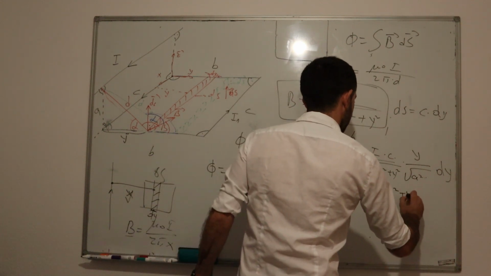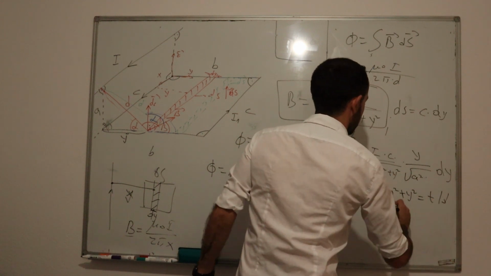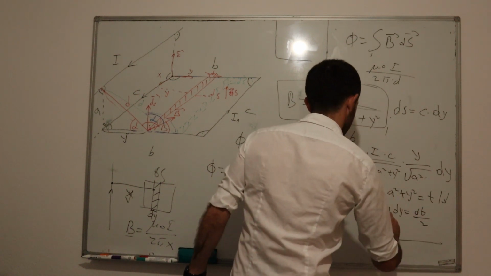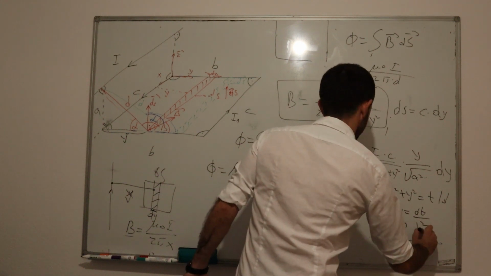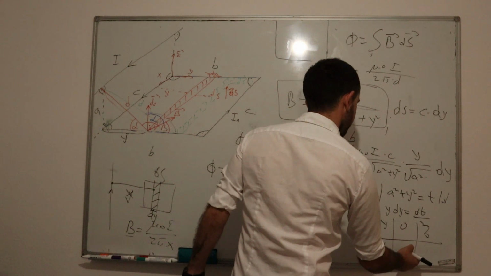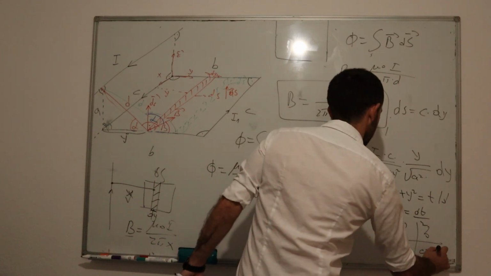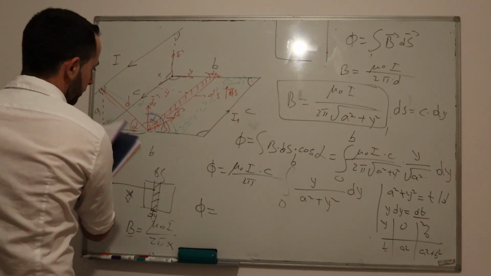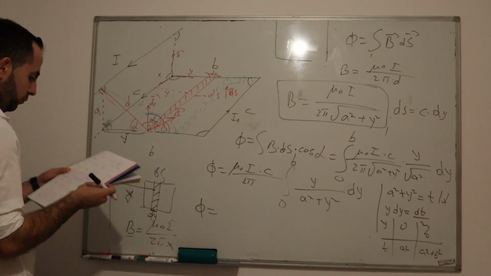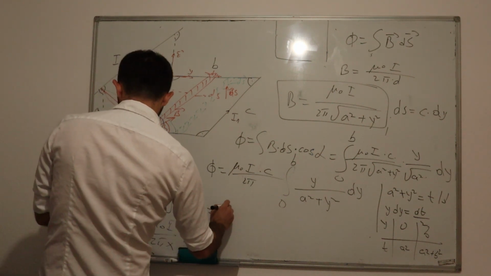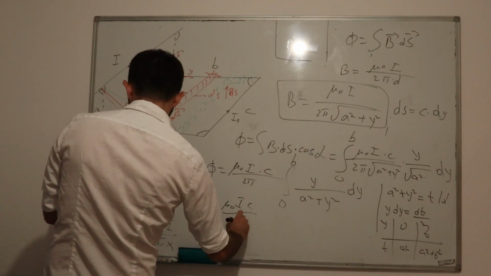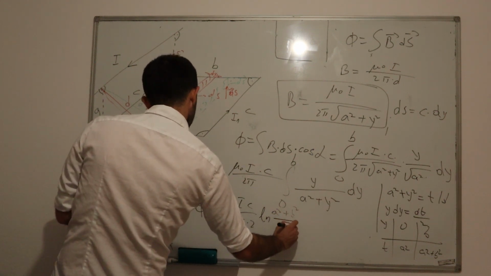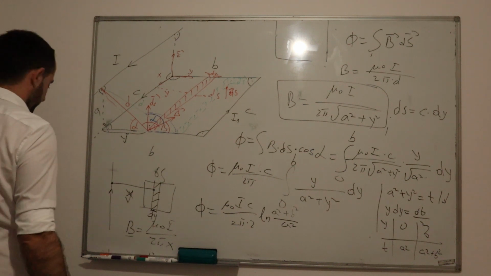You know how to solve integrals. And when you solve this integral, you will get that the flux is equal to mu 0 I c over 2 pi times 2, natural logarithm of a square plus b square over a square. So this is the flux.